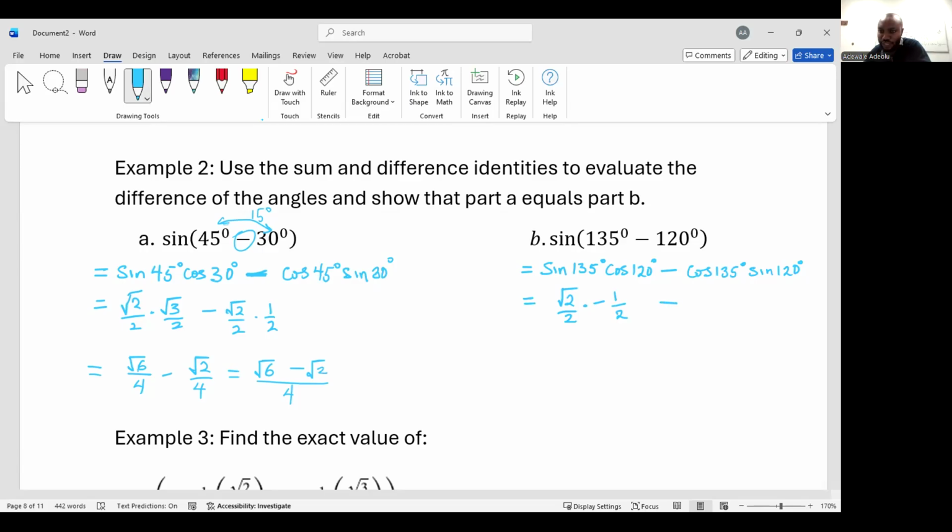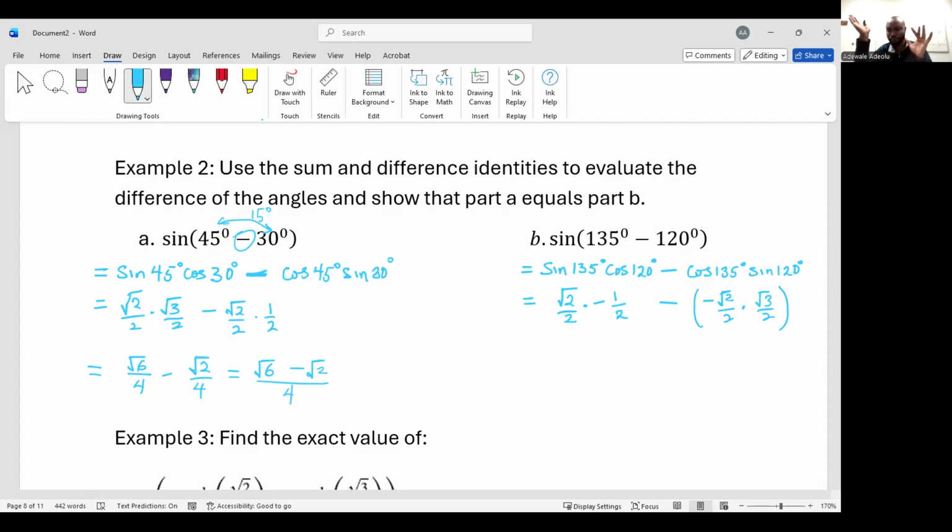Okay, cosine of 135 degrees. Cosine in the second quadrant, I need to be careful because of that negative. So cosine of 135 would be negative root 2 over 2 times sine of 120, which would be root 3 over 2. Sine of 120 degrees, that is pi over 3 back here.